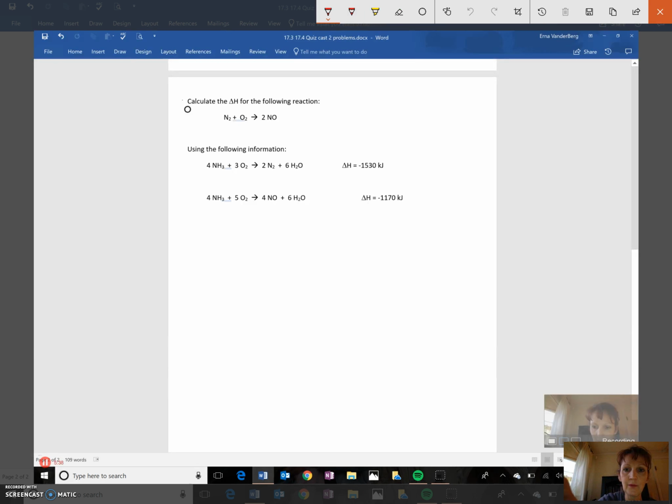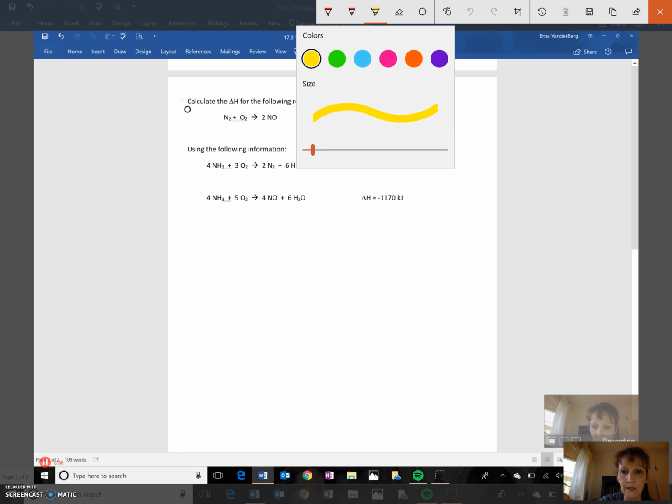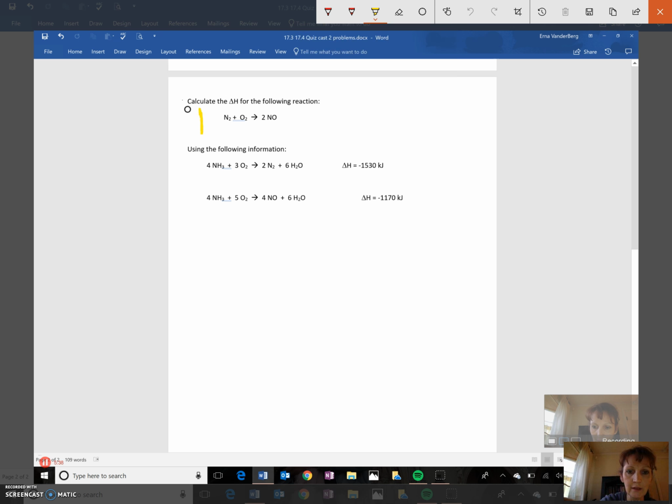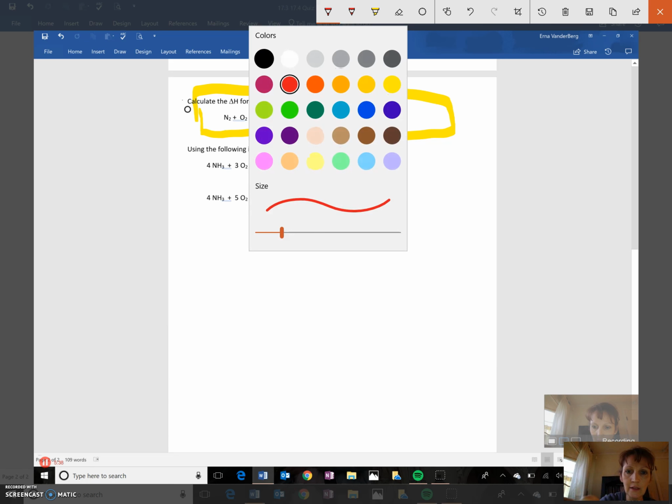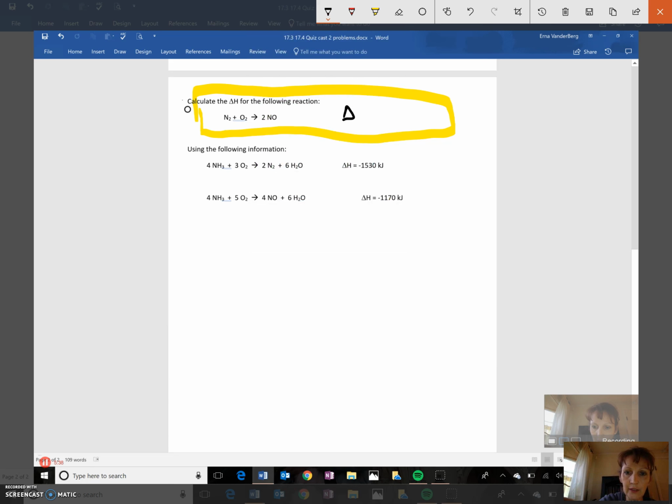So let's focus on this reaction. This is a highlighter. Let's go with yellow. Okay. This is the reaction we're focusing on. And what we really want is to calculate this heat of reaction using Hess's law without actually doing the reaction.